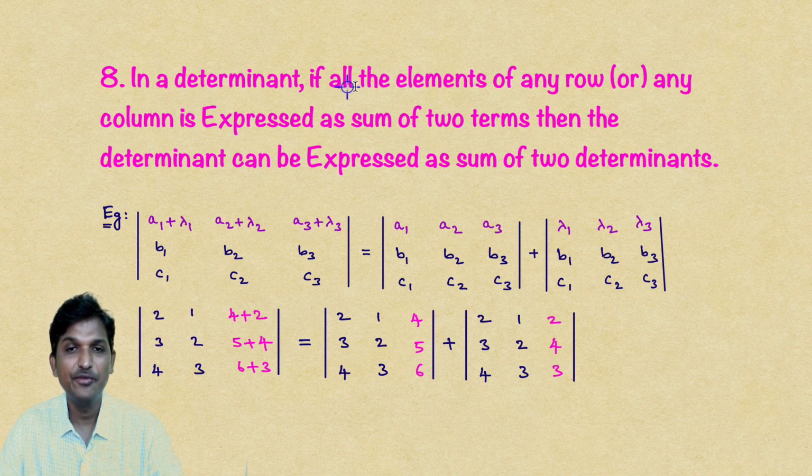In a determinant, if all the elements of any row is expressed as sum of two terms, you observe here, all the elements of first row are expressed as sum of two terms. You see here, a1 plus lambda 1, a2 plus lambda 2. All the elements of first row are expressed as sum of two terms. So what? Then the determinant can be expressed as sum of two determinants.